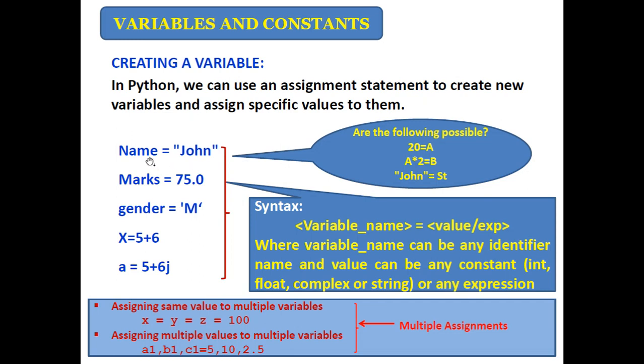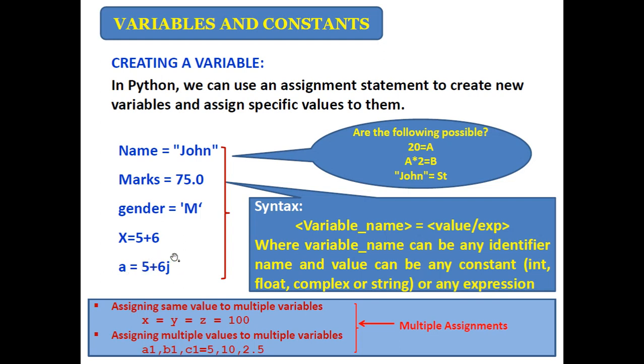In the first, I have defined a variable name assigned with a string value John. In the second, a marks variable assigned with float value 75.0. Gender variable assigned with again a string value capital M. X variable assigned with an expression, and at last a variable is assigned with a complex number.